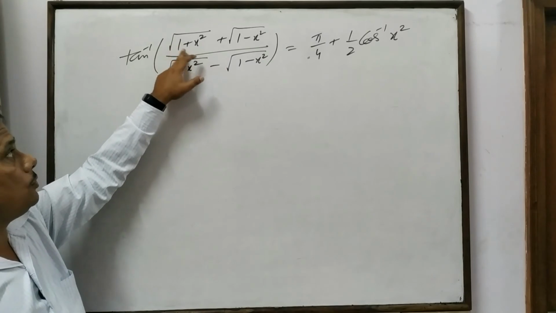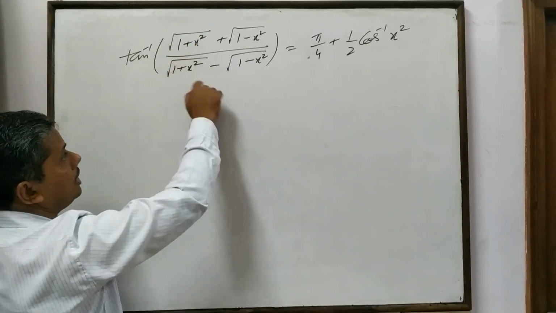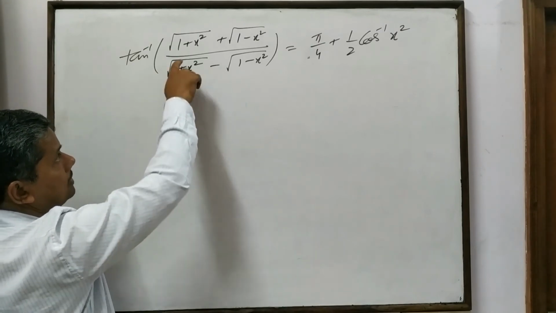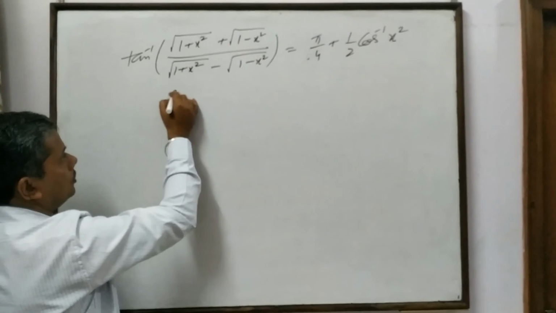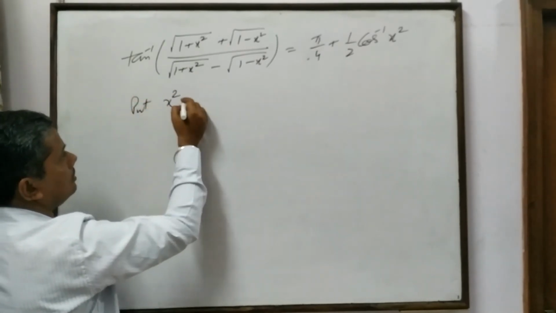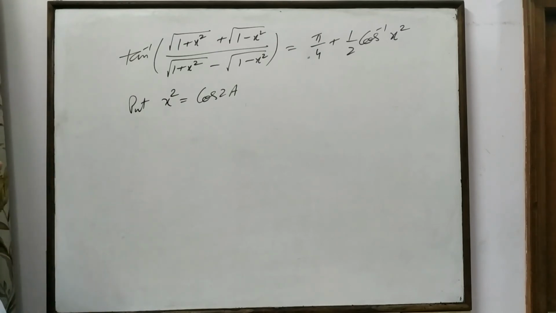Instead, we will consider this as a plus x upon a minus x, the whole under root. Means we will substitute x square as cos theta. So put x square is equal to cos 2a.